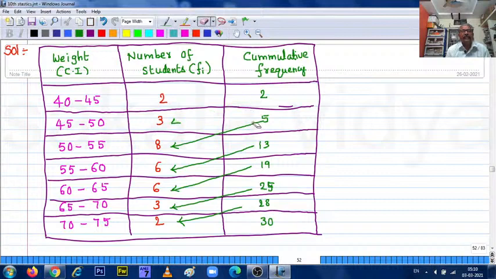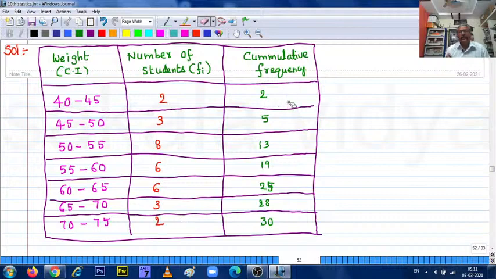Now I will remove this one. You need to prepare the table like this. Now how to proceed with the solution? First consider the total frequency, that is n equal to 30.